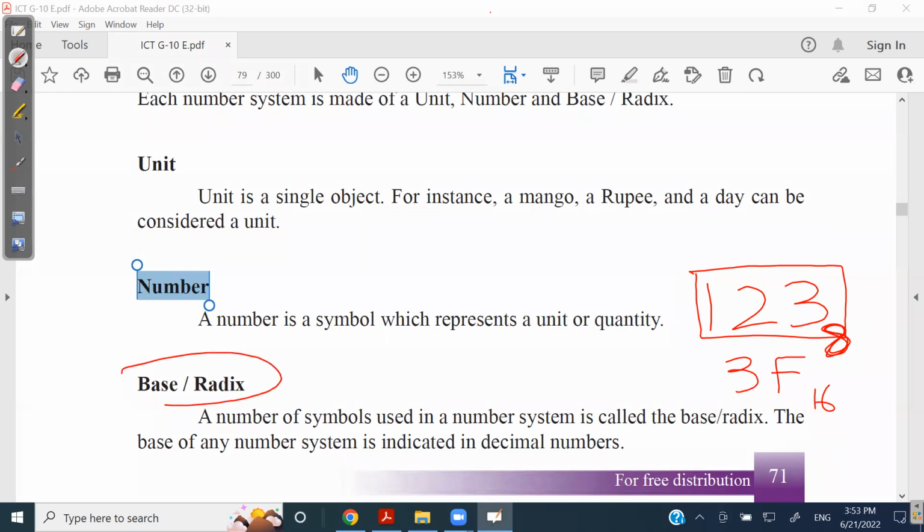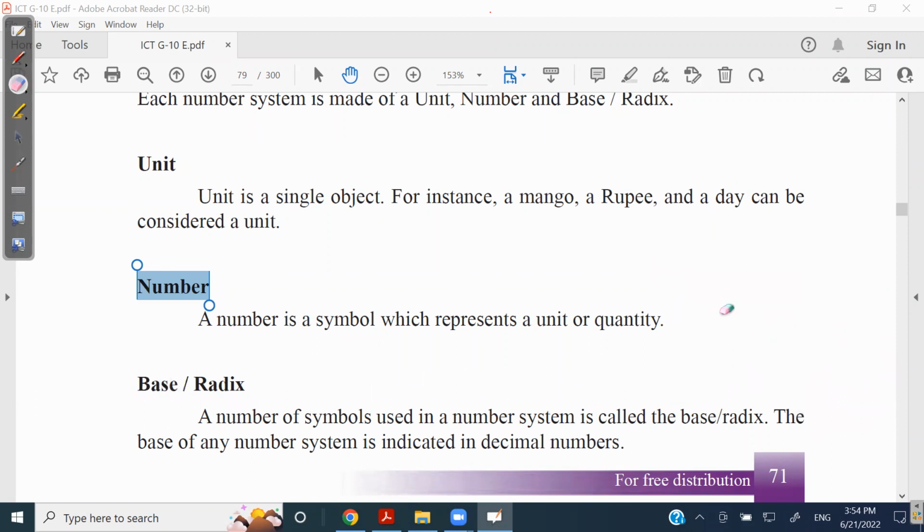So the base gives the idea of what kind of number system, what kind of value we are referring to. Is that clear, everyone? Yes, sir. Okay, great. Shall we write this down onto our notebooks before we go for the conversions?